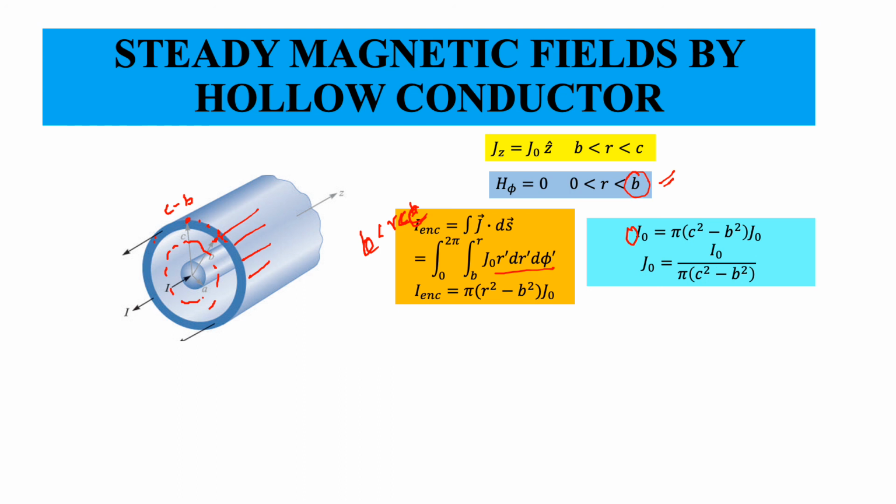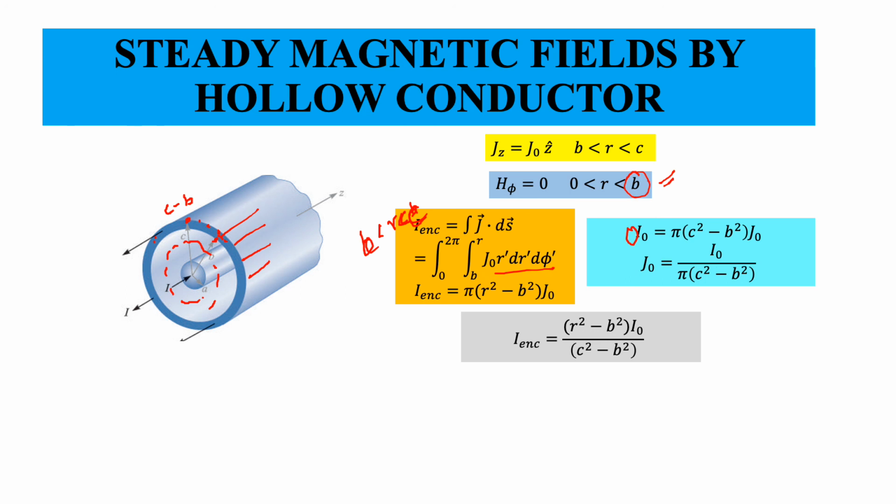So I can write the current enclosed as I naught times r square minus b square, by c square minus b square. Pi and pi got cancelled. So this is the current enclosed in this one.